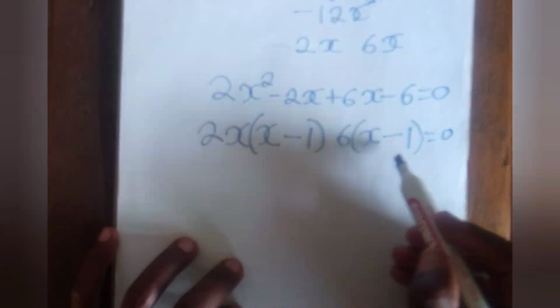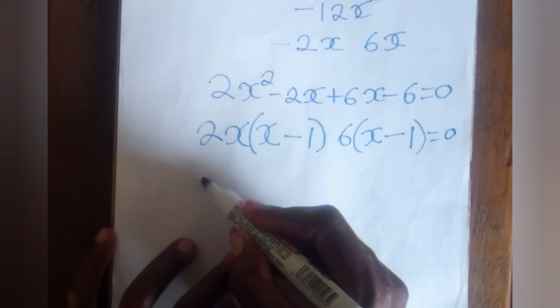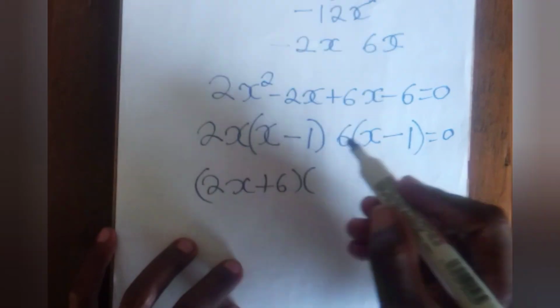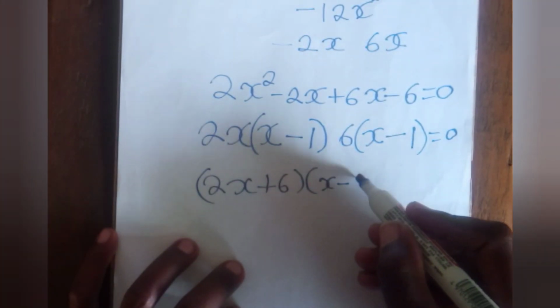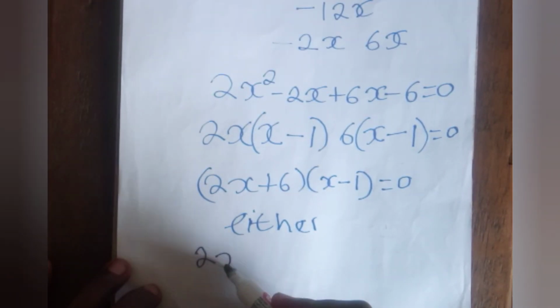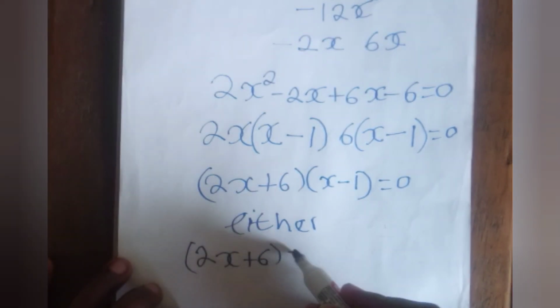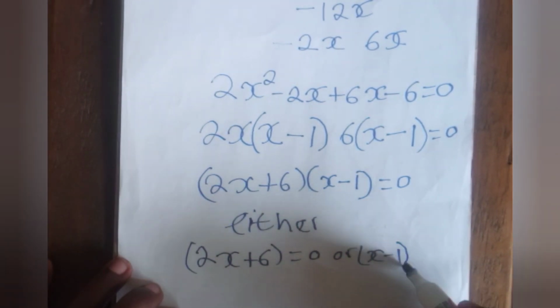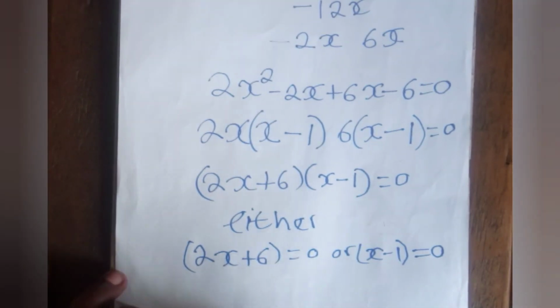Again, it can go into 6 to leave -1. So 2x plus 6 makes its own bracket. Then these two brackets, they're just the same. We pick one, is equal to 0. And say either 2x plus 6 is equal to 0 or x minus 1 is equal to 0.